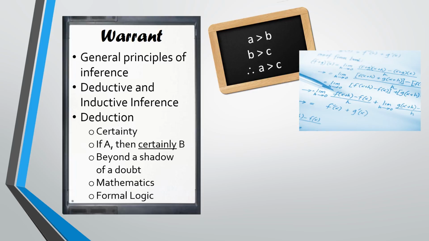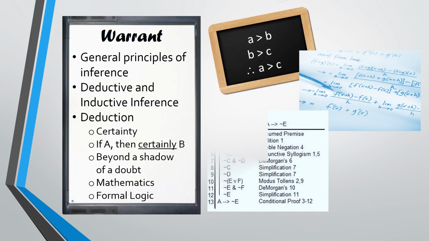If you've ever been in a class, geometry perhaps, where you've done proofs like this one, this is what I mean by formal logic. Now, as you might guess, very few of the arguments we encounter on a daily basis are grounded in mathematics or formal logic. So we're not really going to spend any time discussing the various forms of deductive inference. There's a lot of them, but we're not going to worry about them.